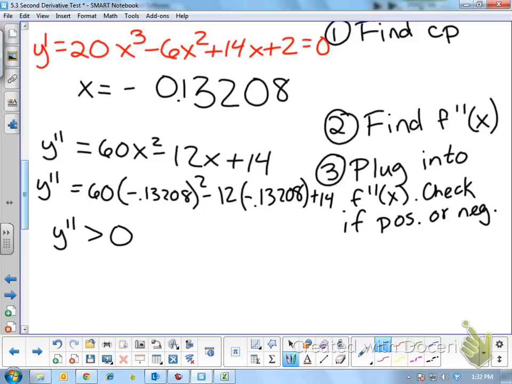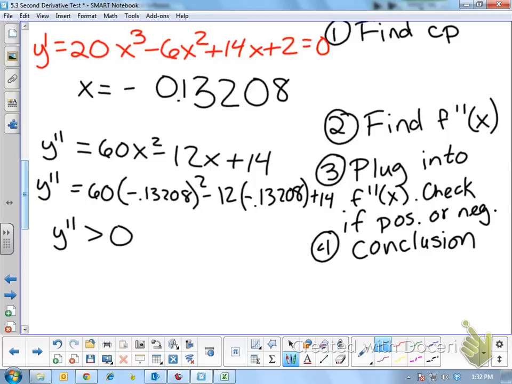So now we make a conclusion. What do we know about x equals negative 0.13208? Is it a maximum or a minimum? We are concave up, so we are a minimum. Like I said, I literally have to visualize this one.